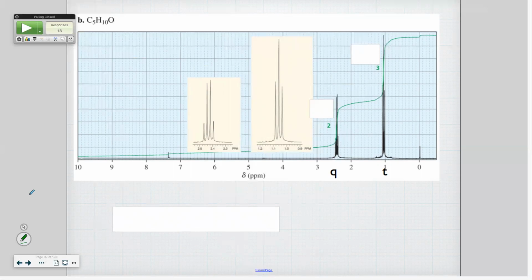All right, so what can you tell me over here? Oh, here, well, I guess we're going to use green. This one is this one. Okay, what is the splitting of the green one? 1, 2, 3, 4. That's a Q. Does that look like a Q? It's a funny font.